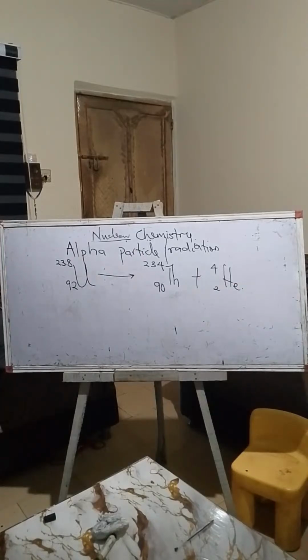Nuclear reaction is quite different from chemical reactions. In chemical reactions, we look at the number of moles, the stoichiometry of the reaction, to balance the reaction. But in nuclear reactions, we look at the number of neutrons to protons.